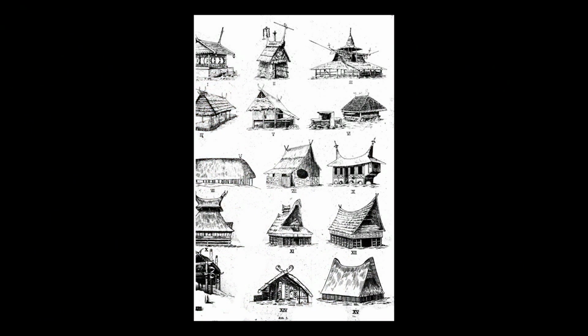And in these diagrams you get an example of the huge range of ways in which you could represent boats or symbols from boats throughout the whole of Southeast Asia and round into South Asia.